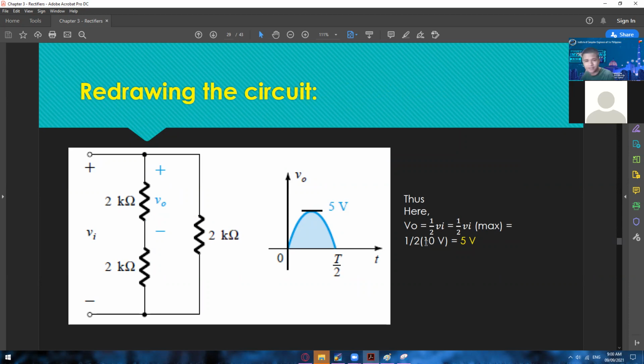How did that happen? Why don't we have a 10 volts reading anymore? Anyone who can explain why we only have a 5 volts reading? Why not 10 volts?